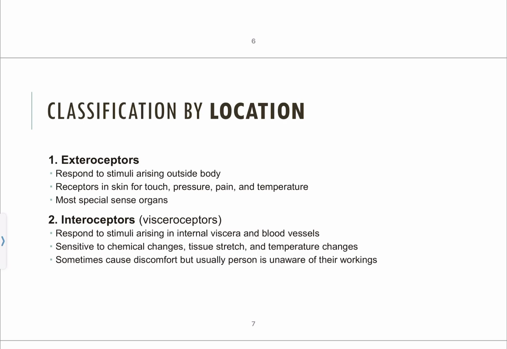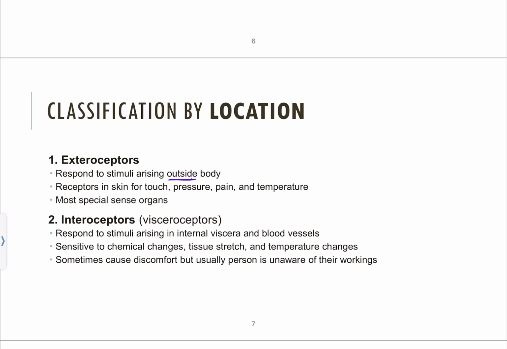We also have enteroreceptors, which can also be called visceroreceptors. All of the enteroreceptors respond to stimuli coming from within the body. So exterior receptors are outside, enteroreceptors are coming from within.